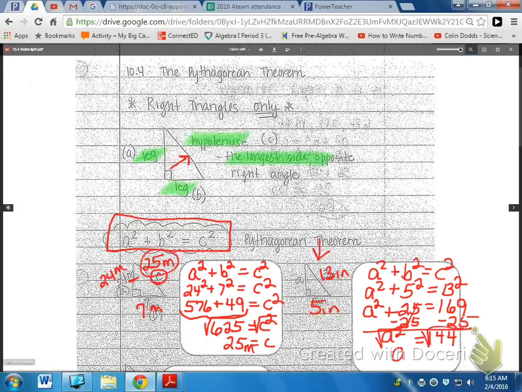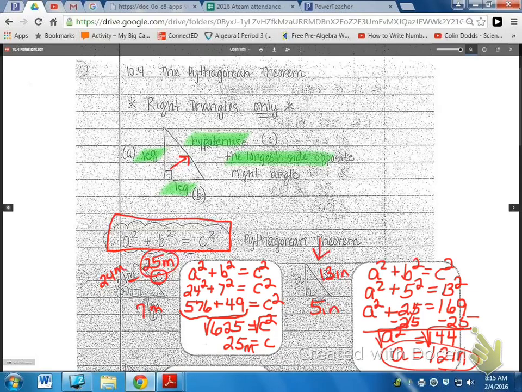Square root. And do you know what the square root of 144 is? What times itself gives us 144? It would be 12, and we would label that 12 inches.